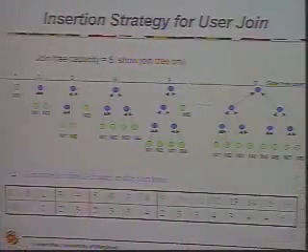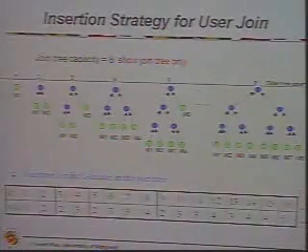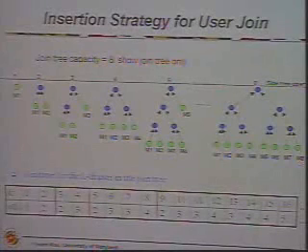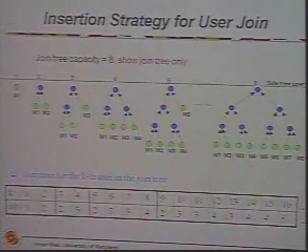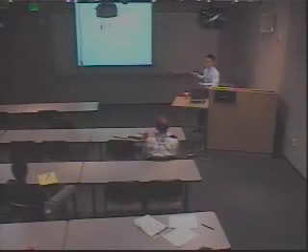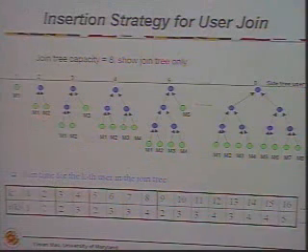So we go with the insertion strategy first. Here we give a pictorial look at the insertion strategy. We show the join tree only, and suppose the join tree capacity is 8. When the first member tries to join, it naturally becomes the root. M1 becomes the root of the join tree. And then M2 joins. M2 is paired with M1.